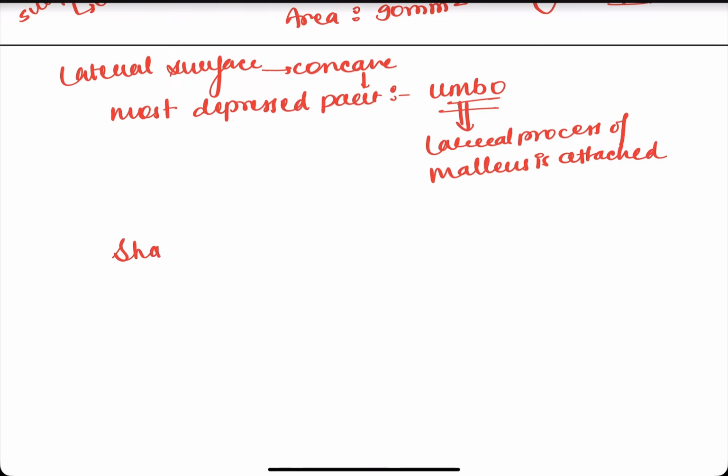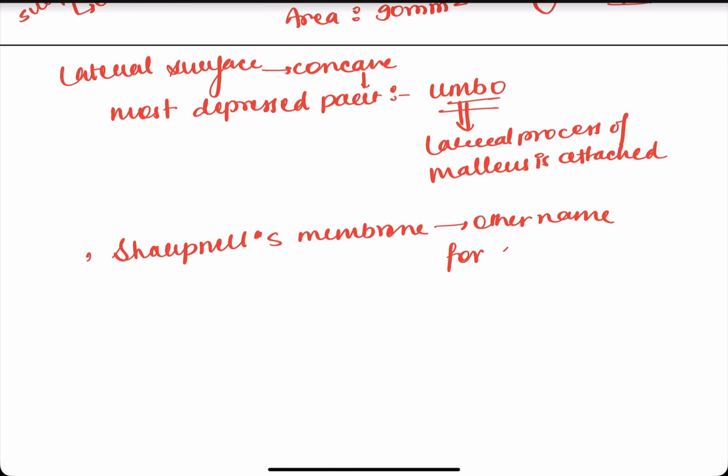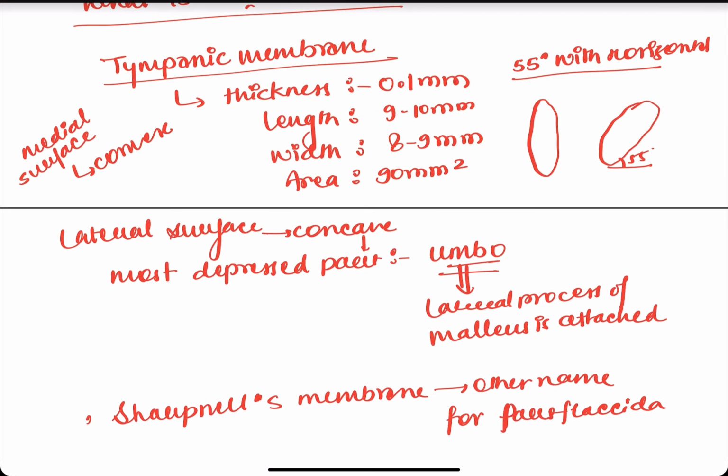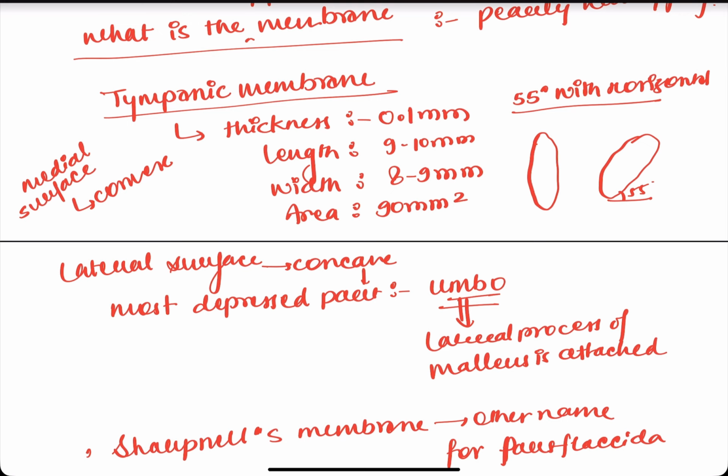Shrapnell's membrane is another name for pars flaccida. You know that the tympanic membrane has two parts, pars flaccida and pars tensa.